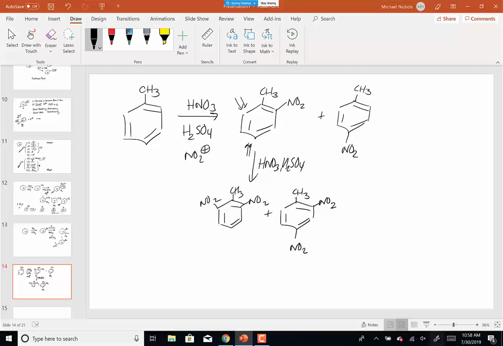Because those two groups directed to the same position. No. Well, yes, but it doesn't matter. Because they're both pointing to the same place.